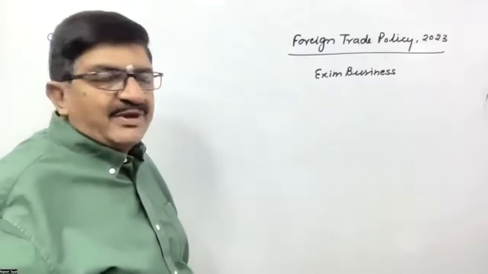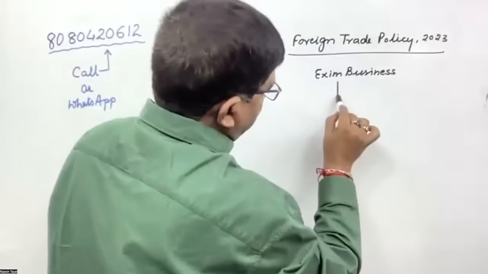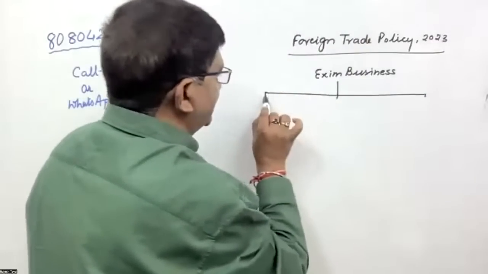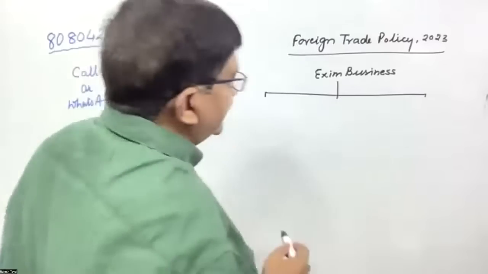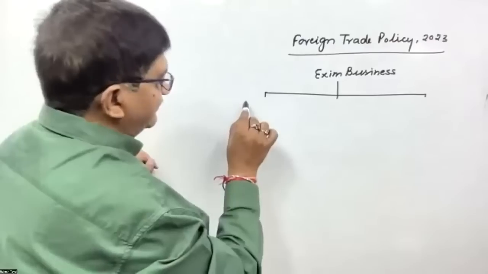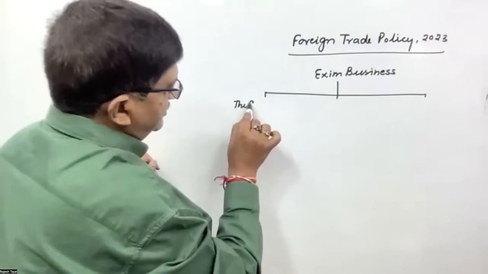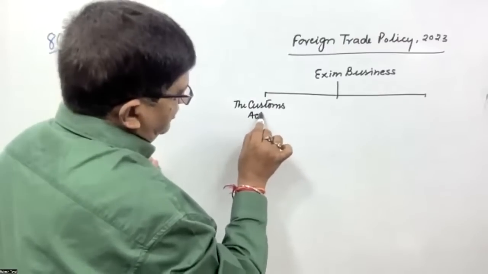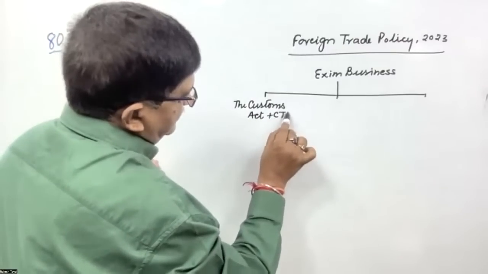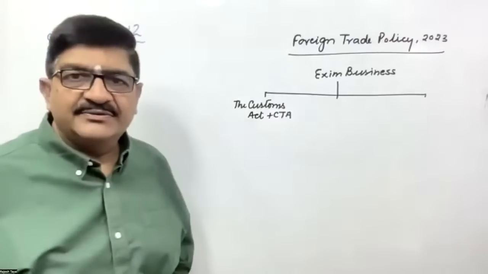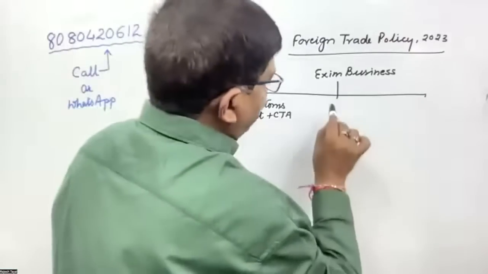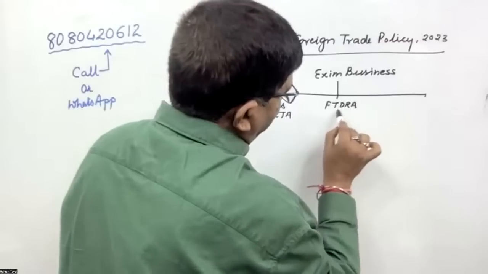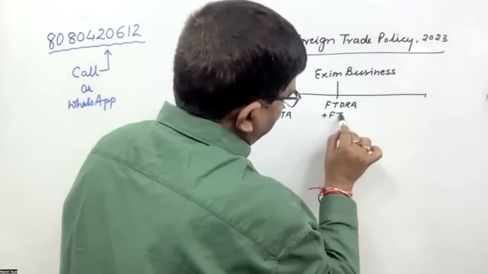EXIM business. So mainly there are three laws. These are main. There may be other laws as well, but mainly in the course of EXIM business, first of all, we have the Customs Act, read with Customs and Tariff Act. Then we have Foreign Trade Development Regulation Act, read with Foreign Trade Policy.